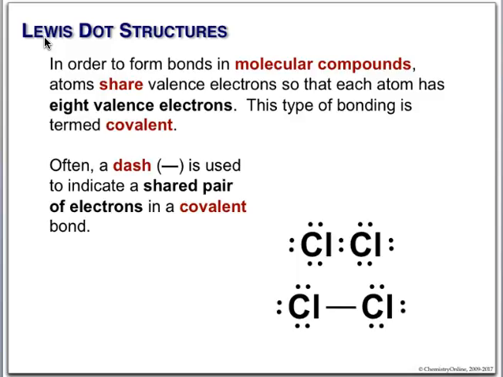Again, the whole point of this is to make sure that each of the atoms has a total of 8 electrons. Now, the one exception there is going to be hydrogen. Hydrogen is in the first period, right? So it can't hold 8, it can only hold 2. So hydrogen wants to be like helium, 2 electrons. Everything else, we want 8.